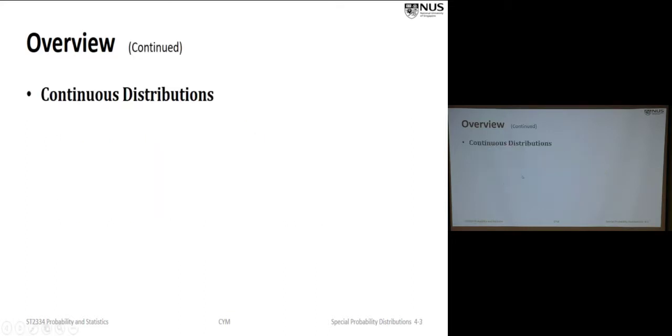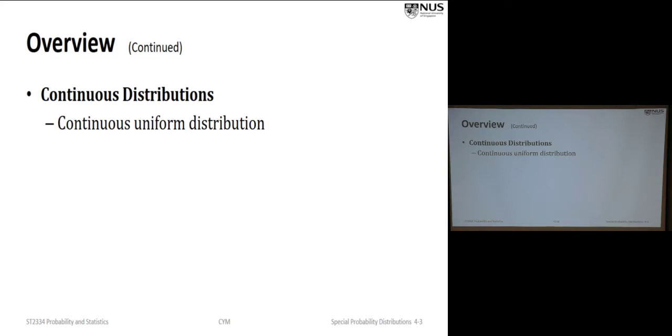For continuous distributions, we have the continuous uniform distribution. We have a uniform distribution for continuous and one for discrete. Are they the same? Of course they're not the same, but the idea is the same.